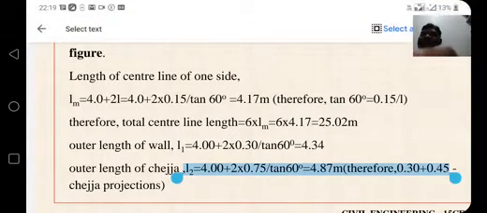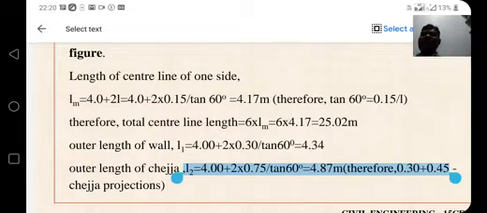Therefore total center line length is equal to 6 into L, that is 6 into 4.17, which is 25.02 meter. Outer length of wall L1 is equal to 4 plus 2 into 0.3 divided by tan 60 degree, around 4.34 meters.